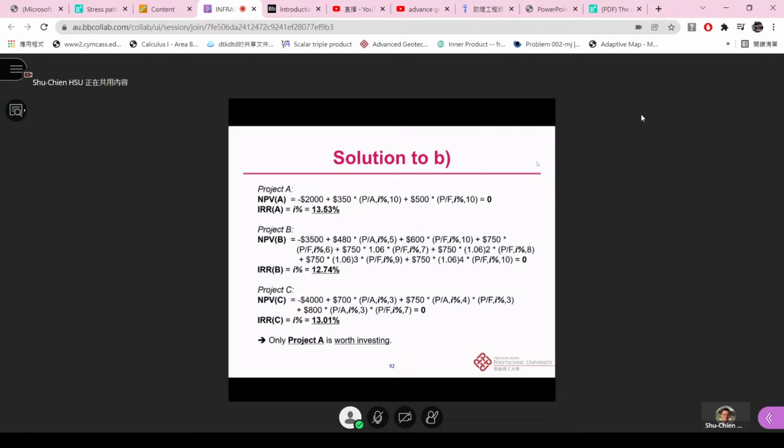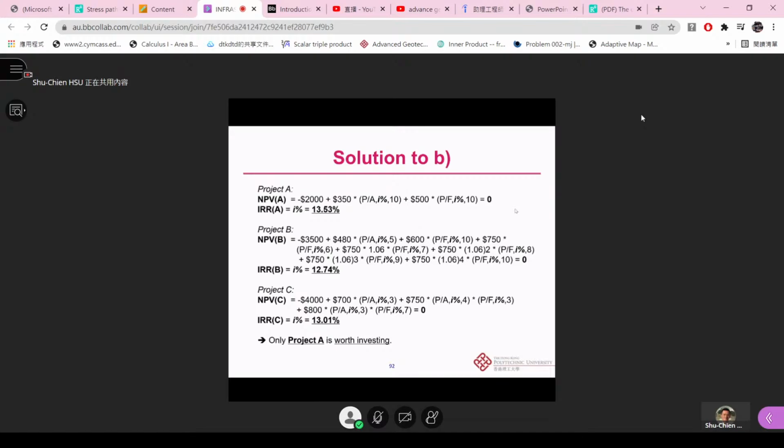If it is 5%, we will get the NPV equal to some value, probably negative or positive. Then you guess another one, like 12%, or even larger, and you will get a positive value. Of course it won't be 0, but this is the trial and error that we can do.